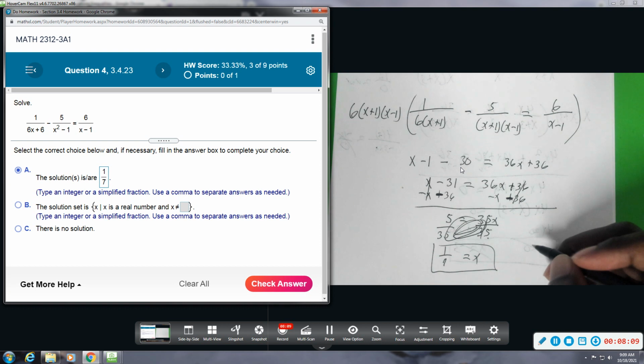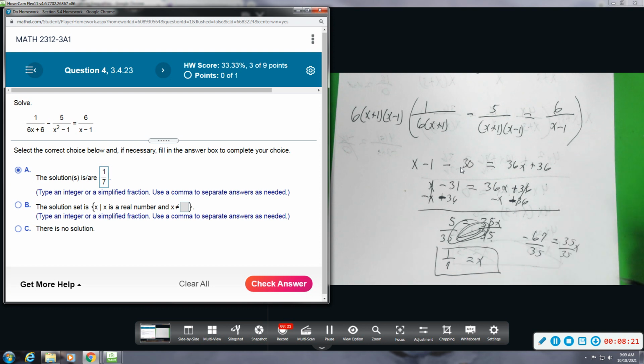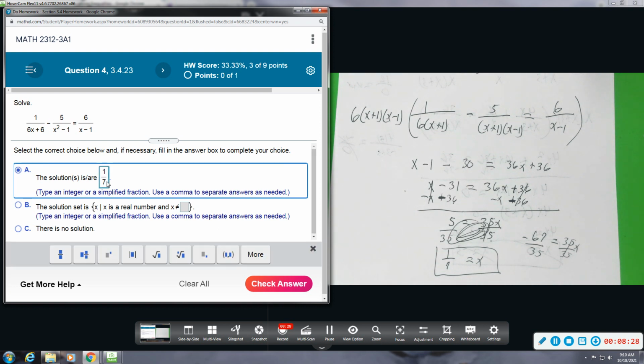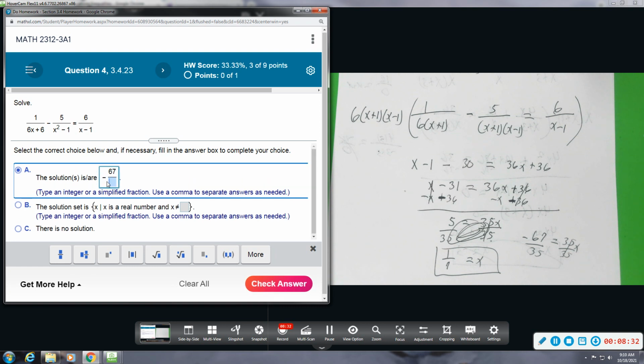So this should be a negative 67 equals 35x. And then you divide by 35. And that will give you negative 67 over 35. I don't believe that will reduce. So, gotta be careful with those signs. Negative 67 over 35.